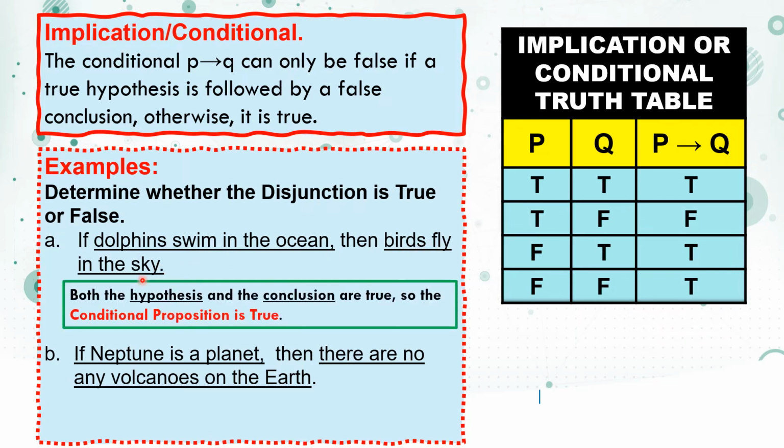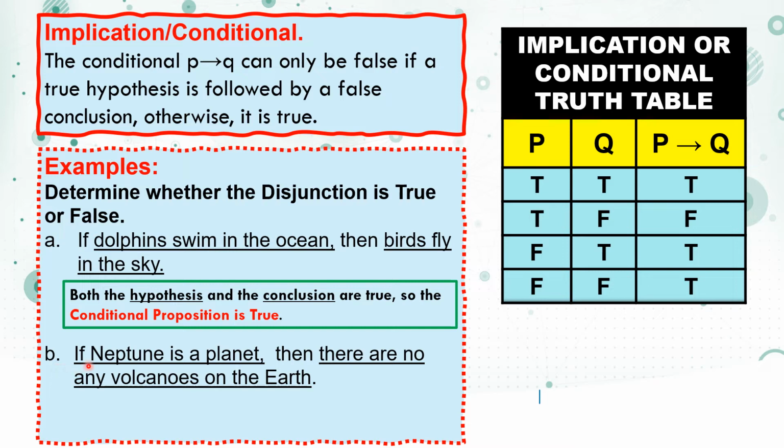So this conditional proposition is true. Why? Because both hypothesis and conclusion are true. Dolphins swim in the ocean. It is true. Birds fly in the sky. It is true. So it is both true, then the conditional is true.